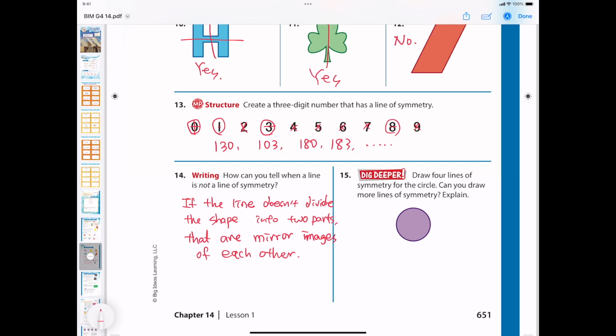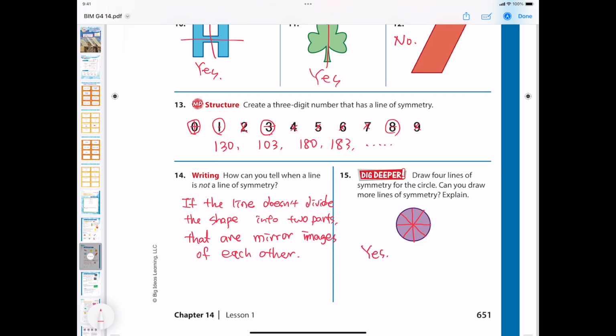Draw 4 lines of symmetry for the circle. Can you draw more lines of symmetry? Example, if I cut it into half and half, okay, 4 lines, maybe we can cut more. Oh, this is like pizza, right? And can you draw more lines of symmetry? Yes.